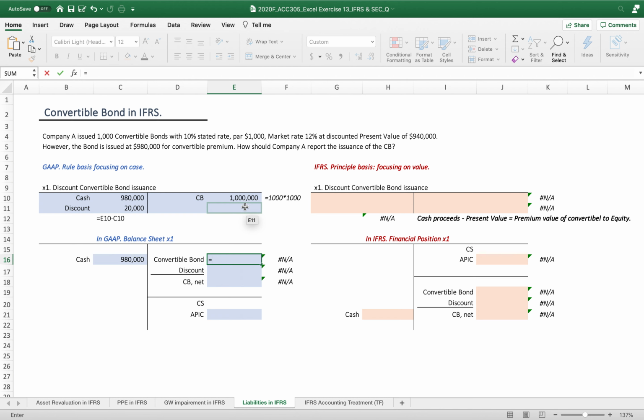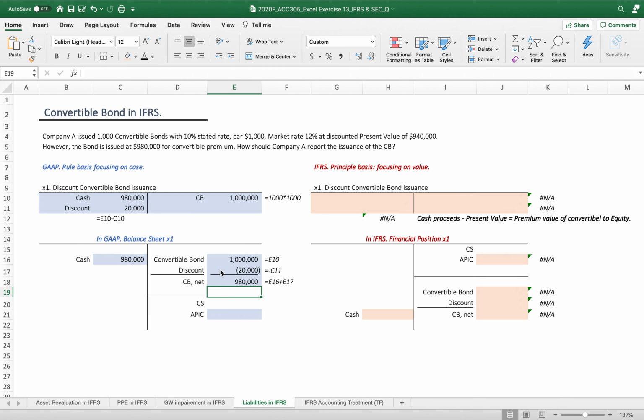At the end of the day, company A should repay not 980, but 1 million, and then the discount, $20,000. So the net book value of this convertible bond is $980,000. There's no value in the additional paid in capital under the equity section.